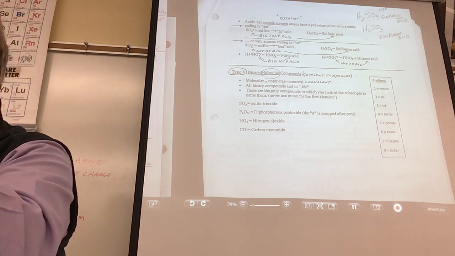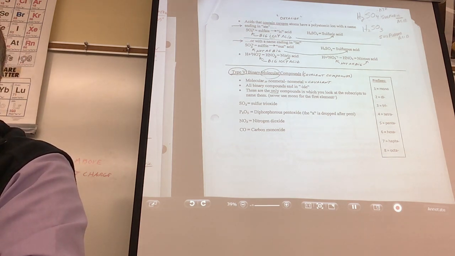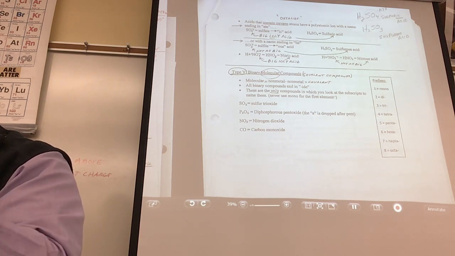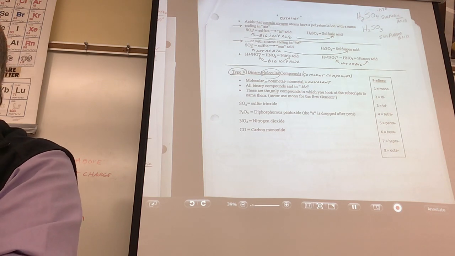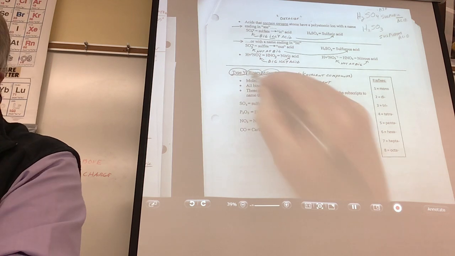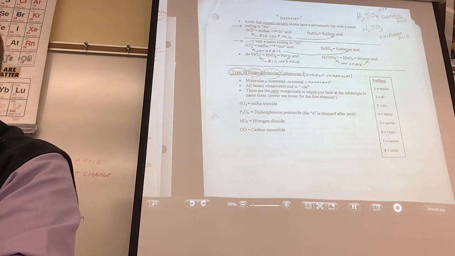What kind of compounds do they form? Covalent compounds called molecules. Water molecule, carbon dioxide molecule, sugar molecule, DNA molecule. You ever notice that? But that's because they're non-metal, non-metal. So if you see a non-metal, non-metal, and it's binary, this is called type 5.